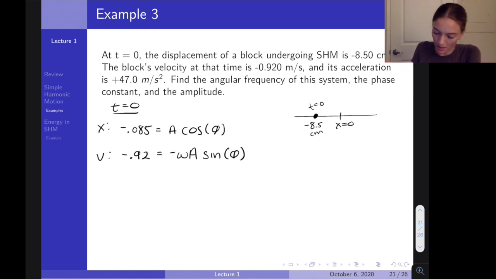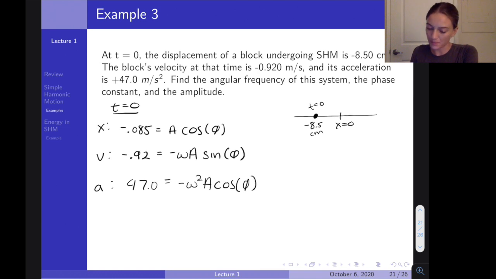Then for the acceleration, at t equals 0 it is 47 meters per second squared, and the acceleration is negative omega squared times the amplitude times cosine of omega t, which is 0, plus the phase constant. All right, so we need to find the angular frequency, the phase constant phi, and the amplitude.